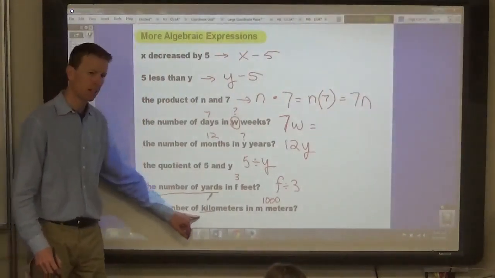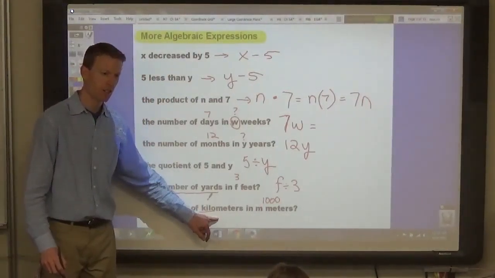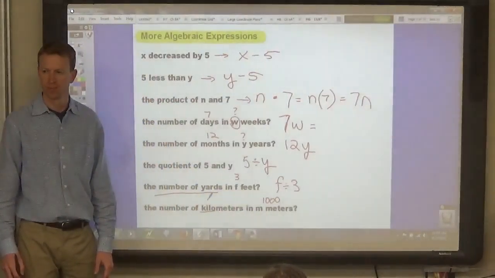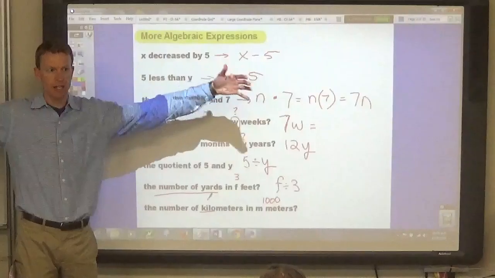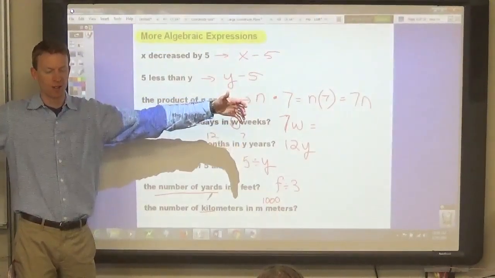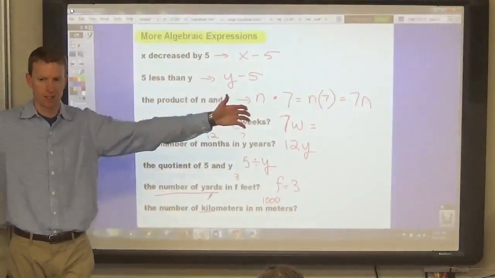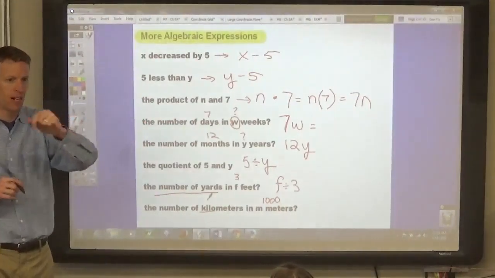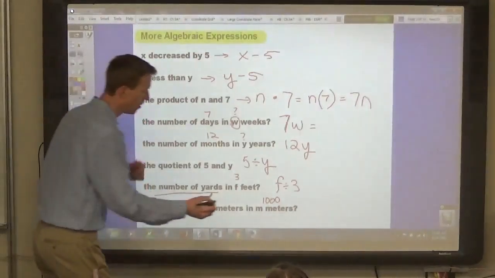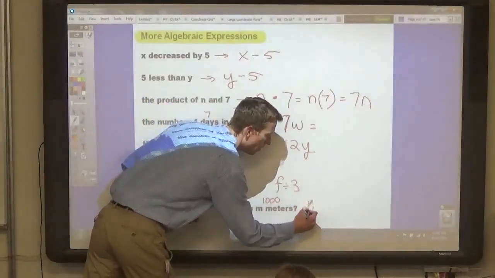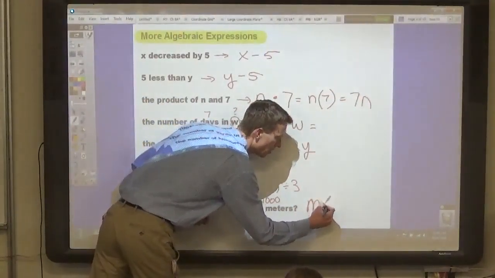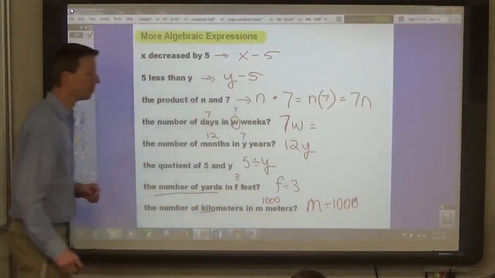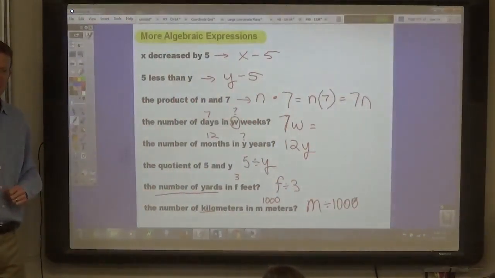So the number of kilometers in M meters. A whole bunch of meters. How would we find kilometers? Right? M divided by 1,000. Yeah. M, the number of meters, divided by 1,000. Okay?